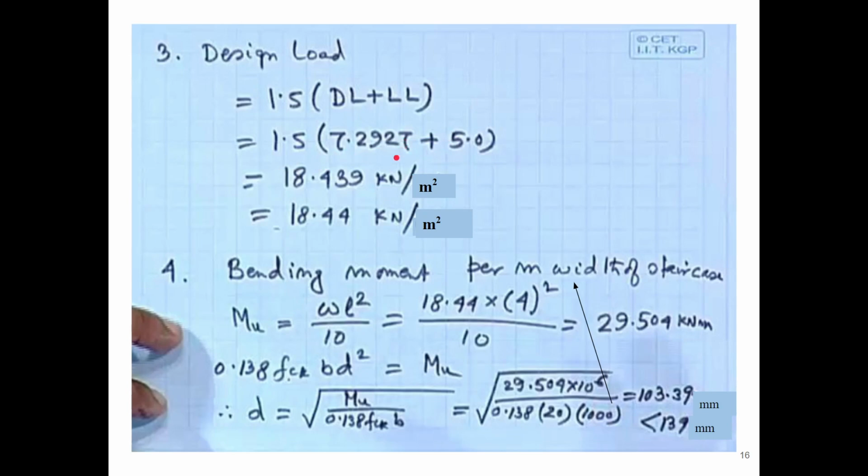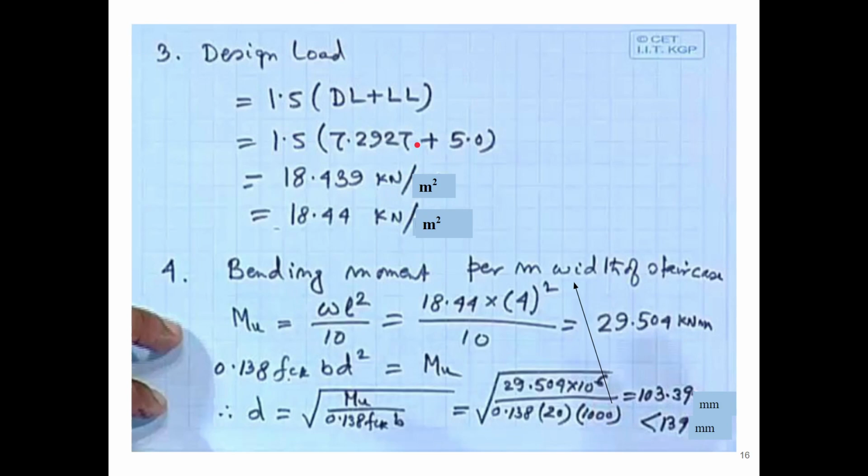From there we can get the design load or factored load just by multiplying with 1.5. So multiplying by 1.5, we get the limit load, the design load, as 18.439 kilonewton per meter square.